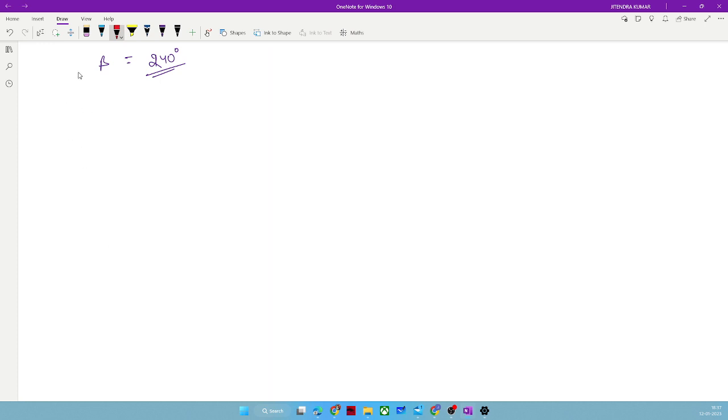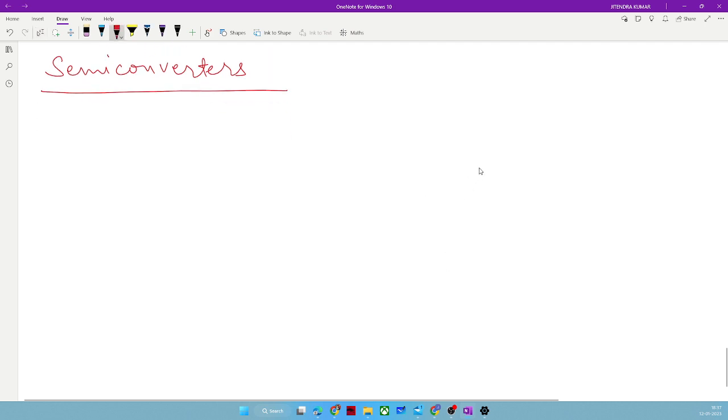So what are semiconverters and why do we even use semiconverters? Basically, it looks like a full bridge rectifier.